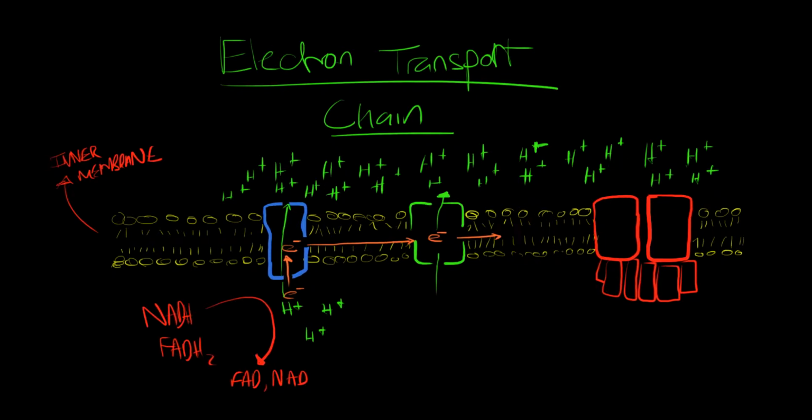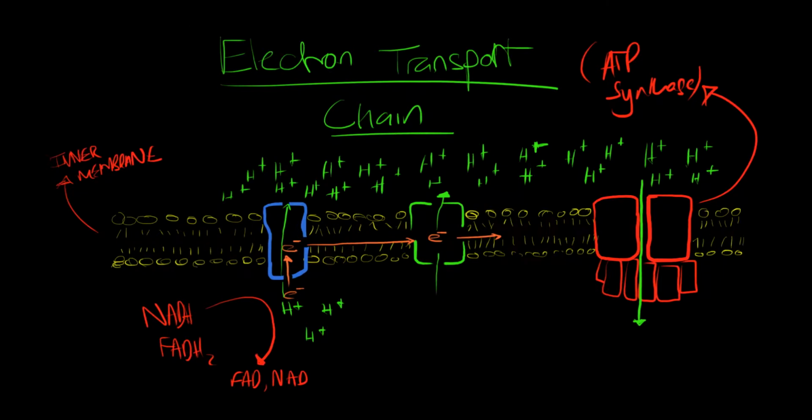Now, before that, let's start off with this. Because of the fact that you have a potential gradient, hydrogen ions start diffusing down this particular protein embedded in the inner membrane, which is known as ATP synthase. From its name itself, you should probably know what it does.